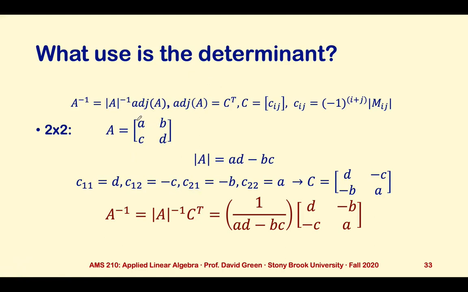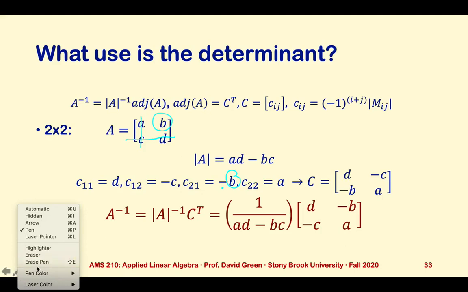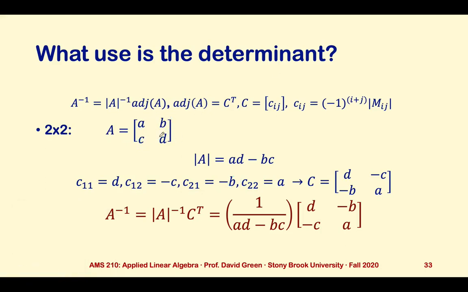For the second row and the first column, delete the second row and the first column, we're left with B. 2 plus 1 is odd, so we get a negative term. And for our last cofactor, we delete the second row and the second column.